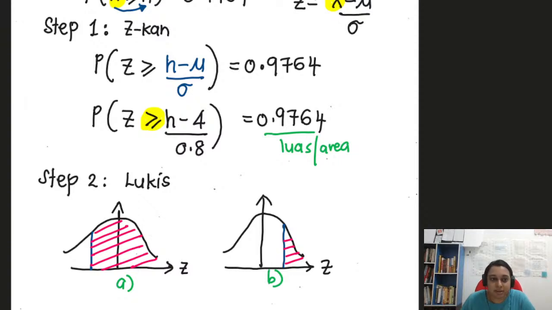A. Very good. A, yeah? Okay, so this one, we're going to cancel the B. Cut. We don't want the B. We only focus on A.